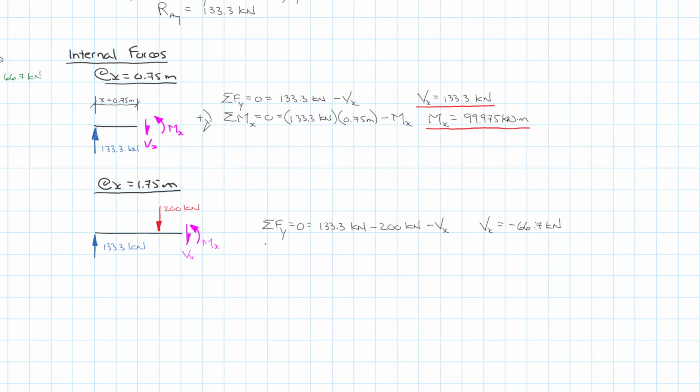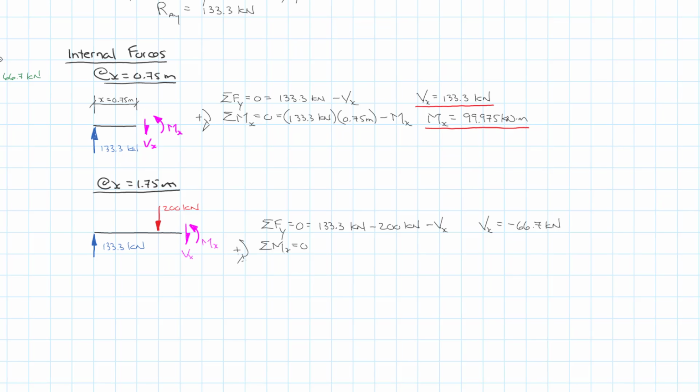We're going to solve for it the same way as we did above. So sum of the moments about x is equal to 0. We're going to do clockwise as positive. And so moments about x, we have our 133.3 kilonewtons multiplied by its moment arm, which is 1.75 meters, minus 200 kilonewtons multiplied by its distance, which is 1.75 minus 1, so 0.75 meters, minus M at x.